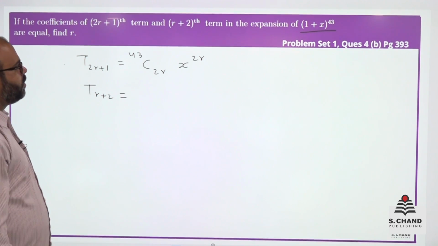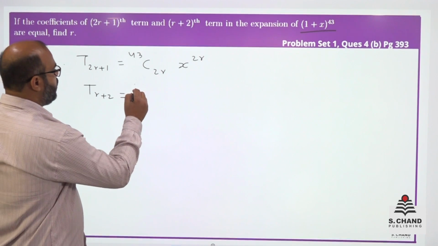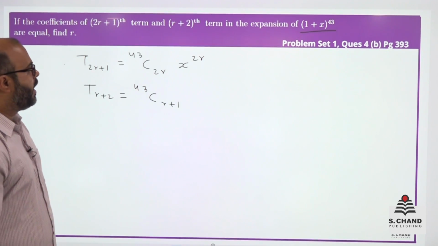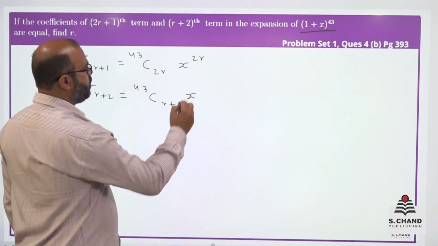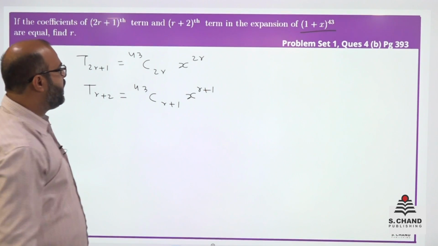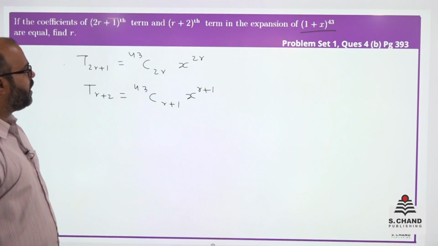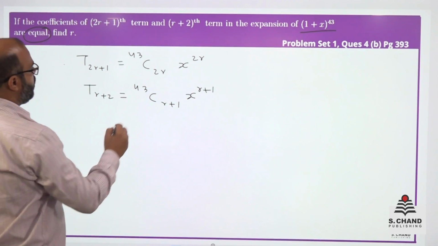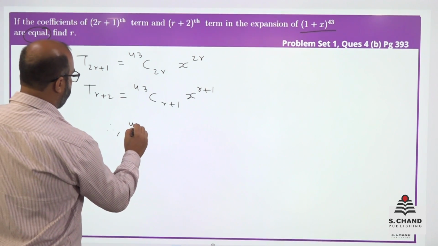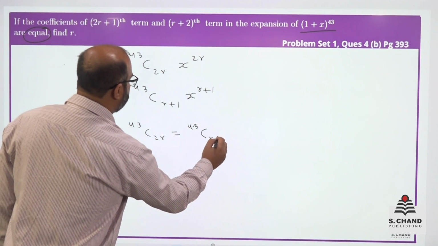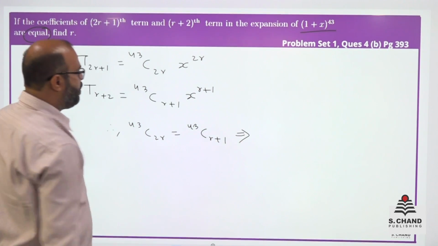The (r plus 2)th term will be 43C(r plus 1) x to the power r plus 1, right? Now it is saying that their coefficients are equal. So if their coefficients are equal, that means 43C2r is equal to 43C(r plus 1), then how can we proceed?